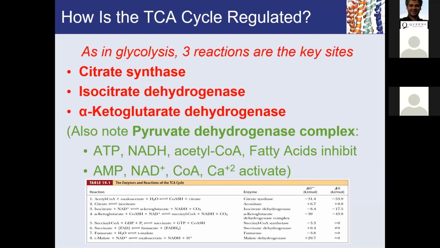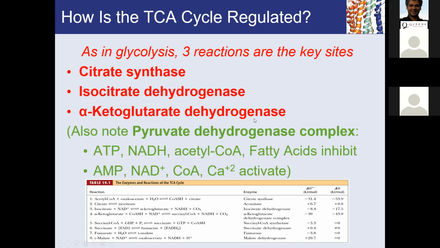Okay, so we cannot not discuss regulation of the TCA cycle. As in glycolysis, 3 reactions are the key sites of regulation, because those 3 reactions are not reversible under cellular conditions. Those are the reactions catalyzed by citrate synthase, isocitrate dehydrogenase, alpha ketoglutarate dehydrogenase.